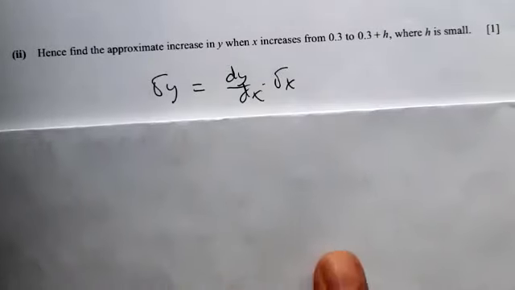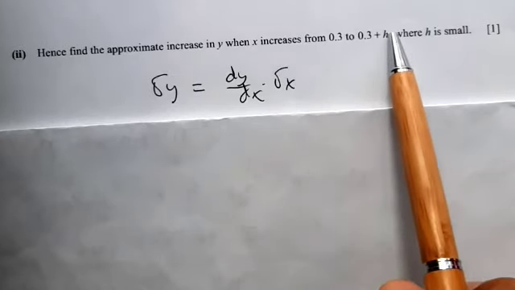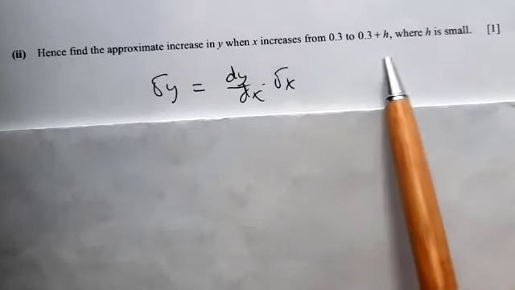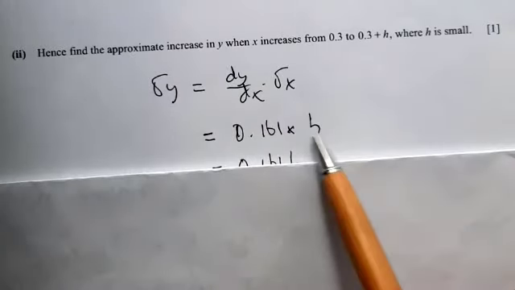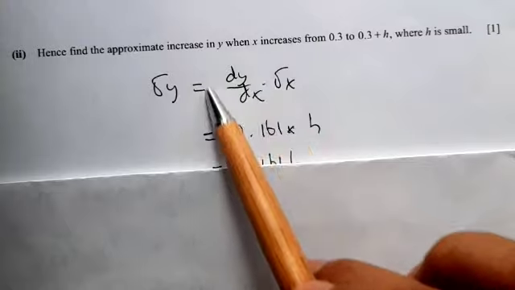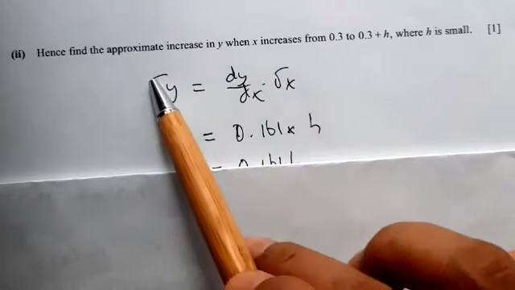Delta x is the small change in x, and here delta x is 0.3 plus h minus 0.3, thus delta x equals h, and dy/dx is already calculated, that is 0.161.